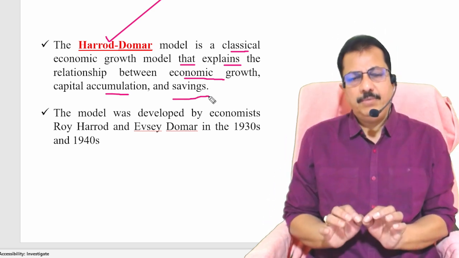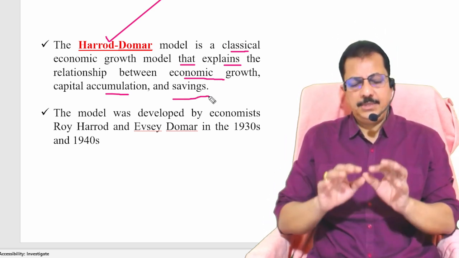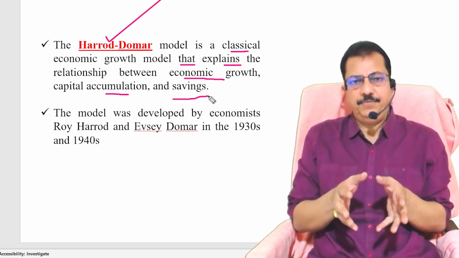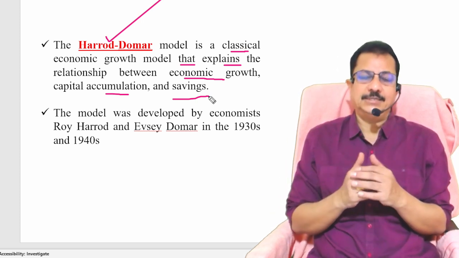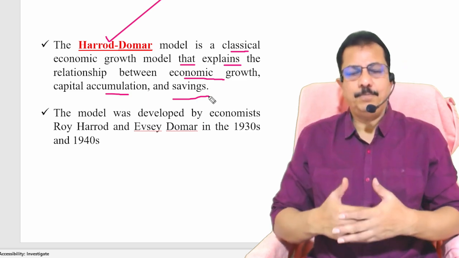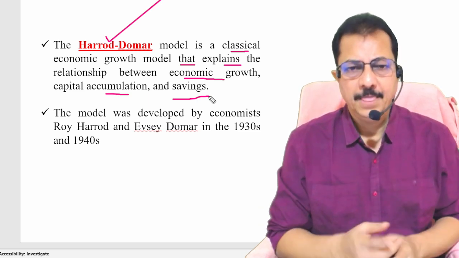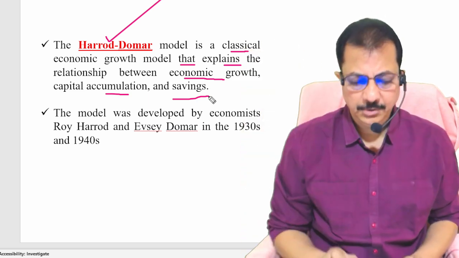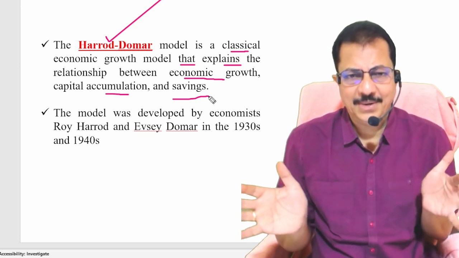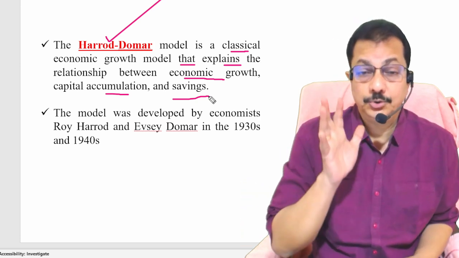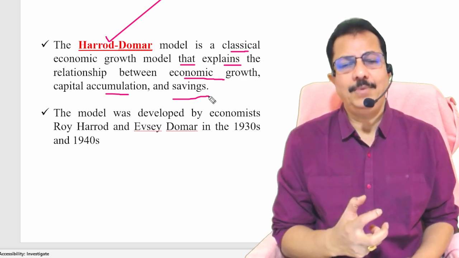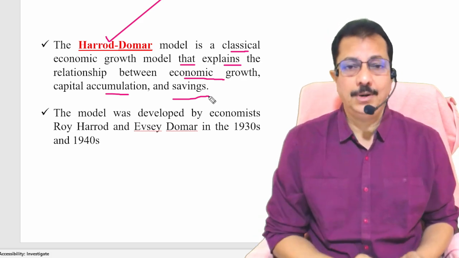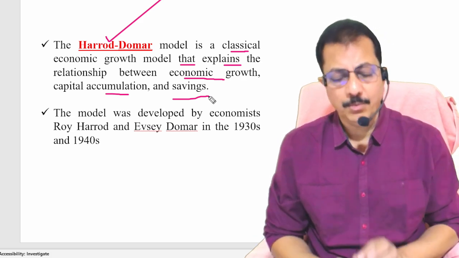Very, very important. So in the examination you look for the option where you have economic growth, capital accumulation and savings. Meaning, when you plan something, that should lead to economic growth, capital accumulation, and also savings. So all-round development will happen, and that is called the Harrod Domar model.